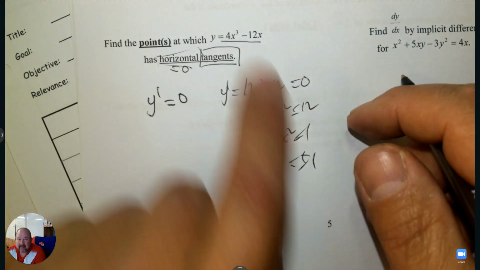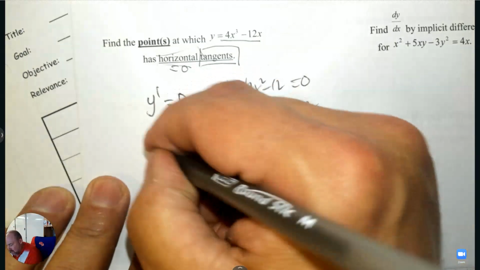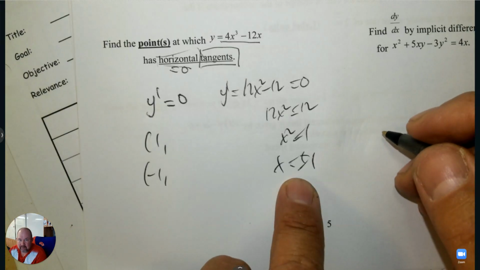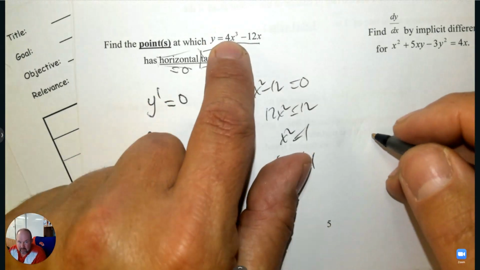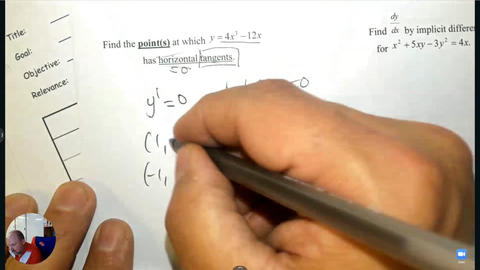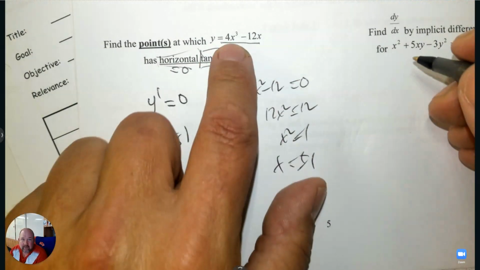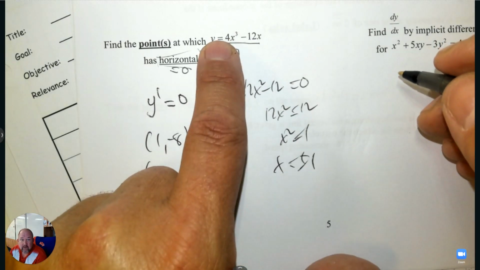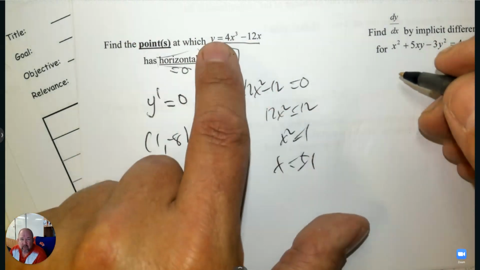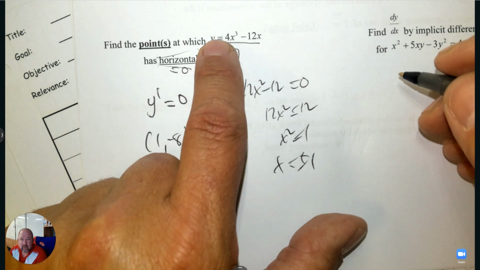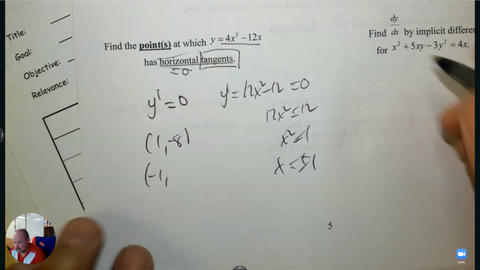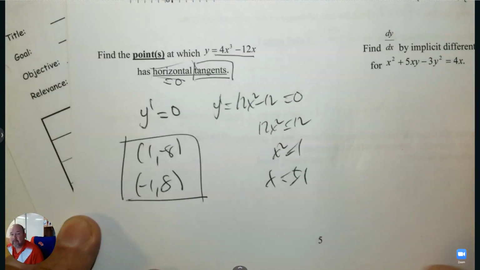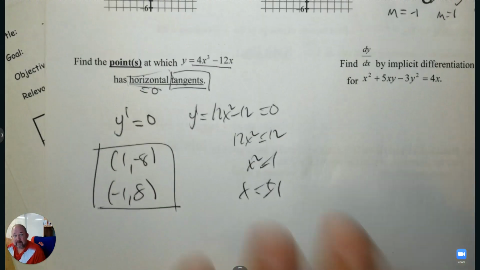Then I take that answer and I go back in to find the y coordinate. So it said the points. So at positive 1 and negative 1. And if I plug in positive 1, I get 4, take away 12. I think I got it. If I take negative 1, that becomes a positive 12. So it becomes negative 4, positive 12, positive 8. I got it. My brain can do it. So at these 2 points, in other words, there are turning points at those 2.